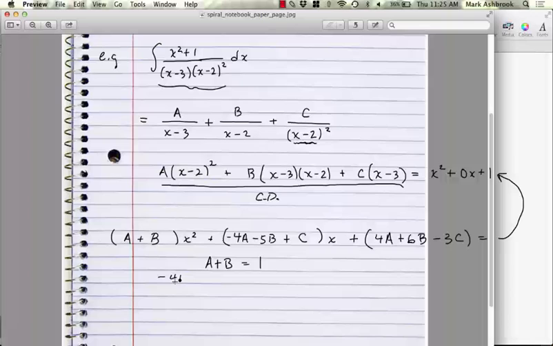Minus 4a minus 5b plus c has to be 0, the coefficient of x. And finally, our constant needs to be 1.